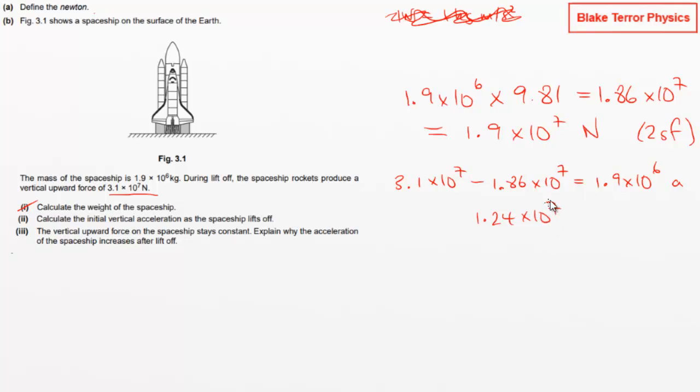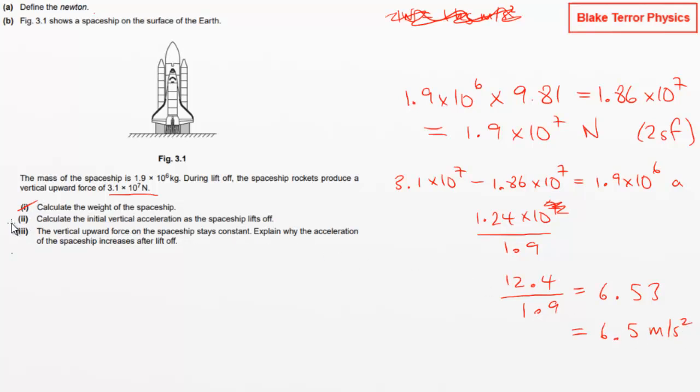Then we need to divide by the 10 to the 6, divide by the 1.9. So we got 12.4 over 1.9 is the acceleration. 12.4 divided by 1.9 is 6.526. So 6.5. I'll put down first of all 6.53, which equals 6.5 meters per second squared.